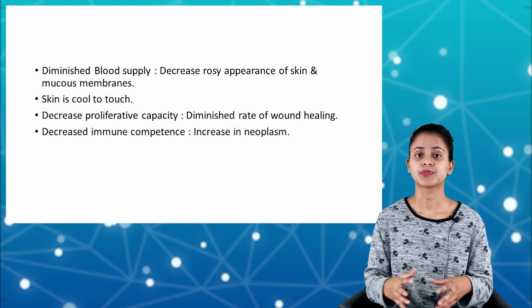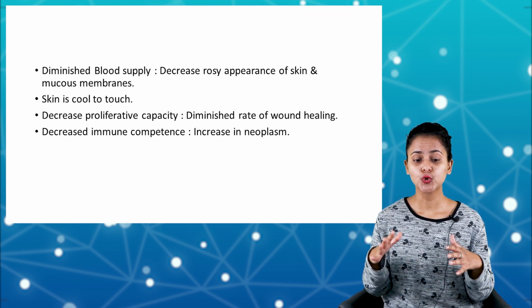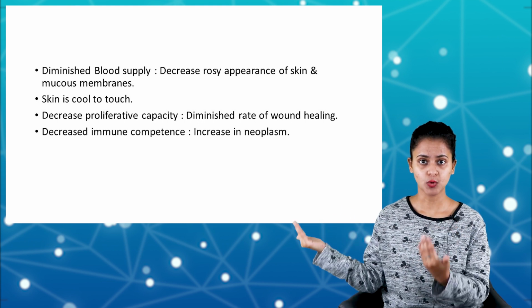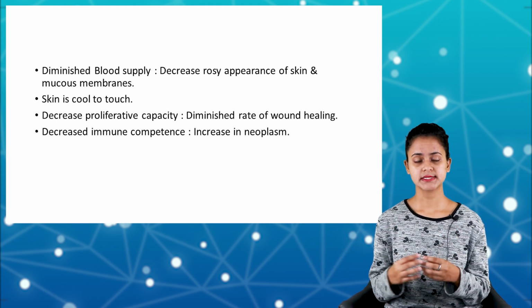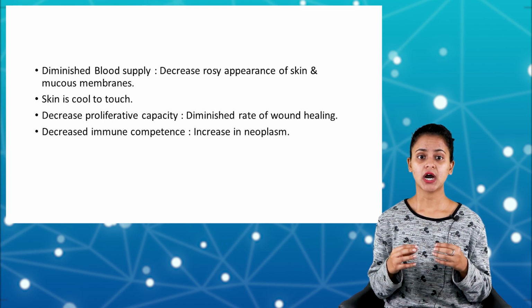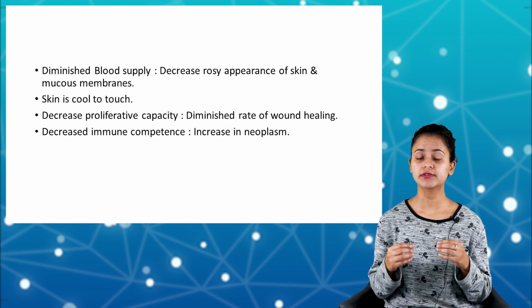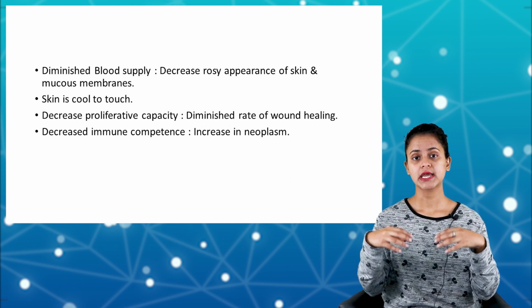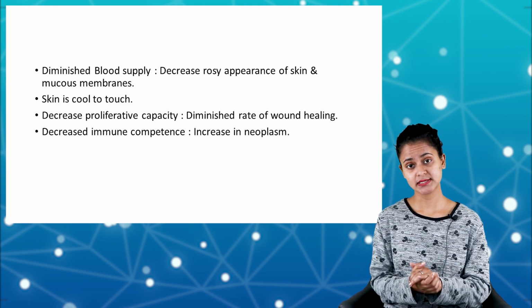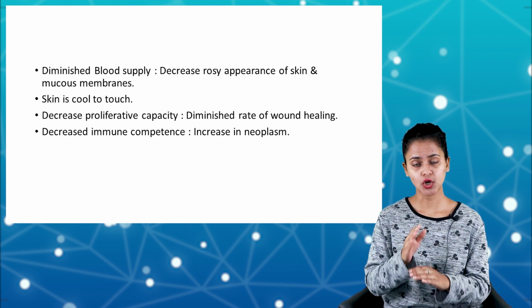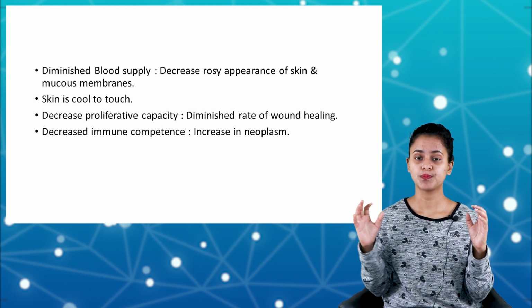The skin often will be cool and clammy to touch for an older individual. A person with the aging process will present with a decreased proliferative capacity. That is the reason there will be a diminished rate of wound healing for all old age people.